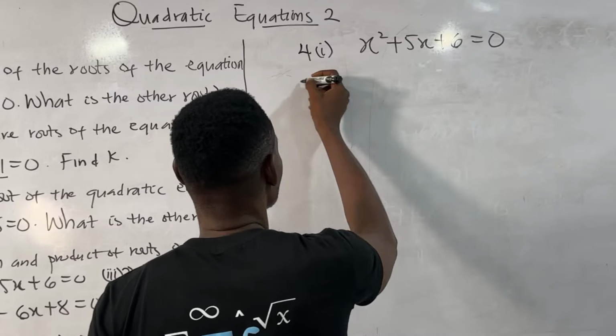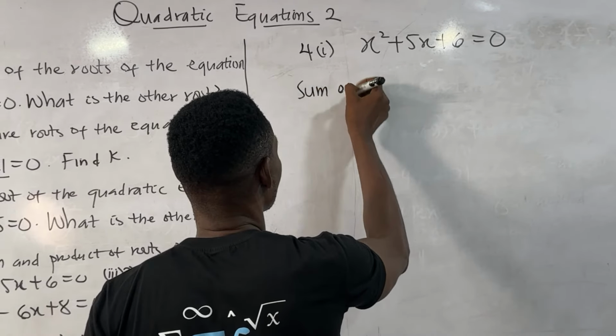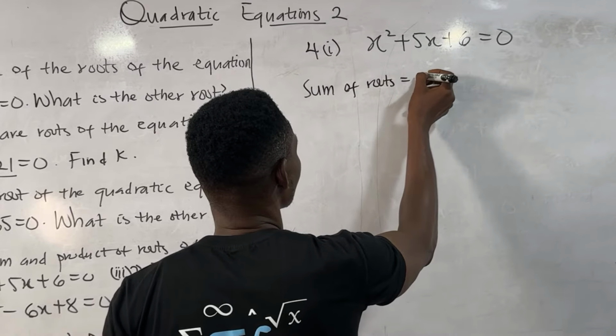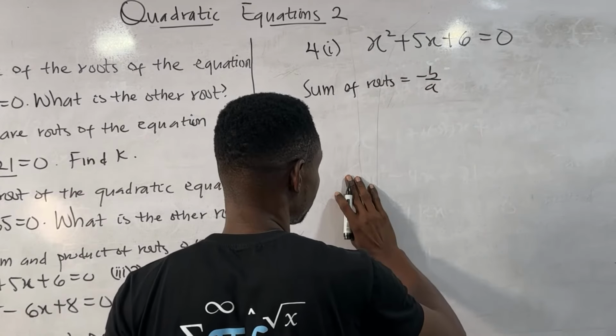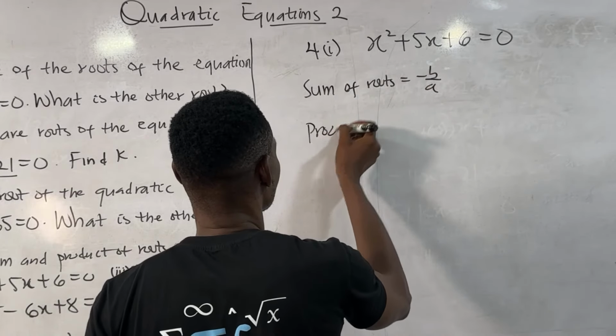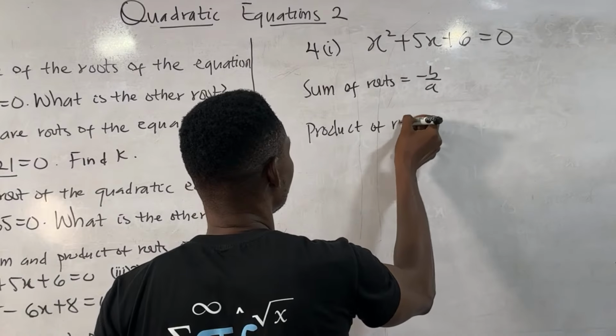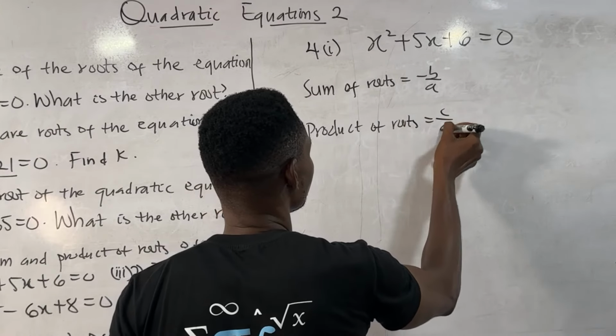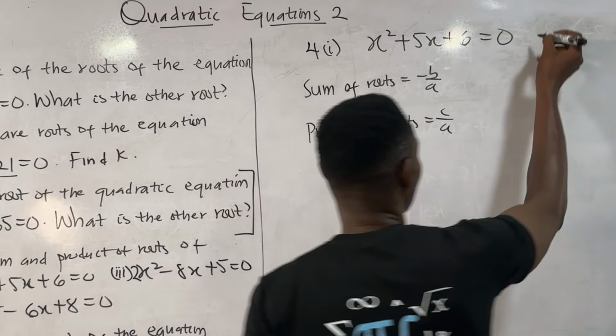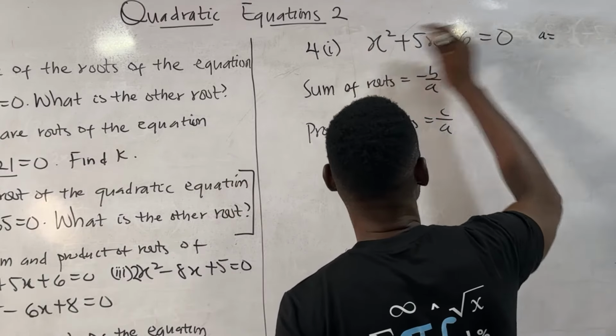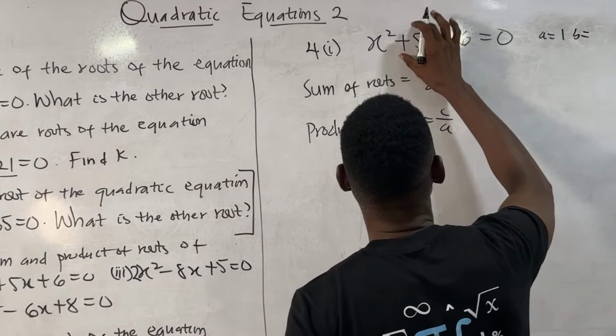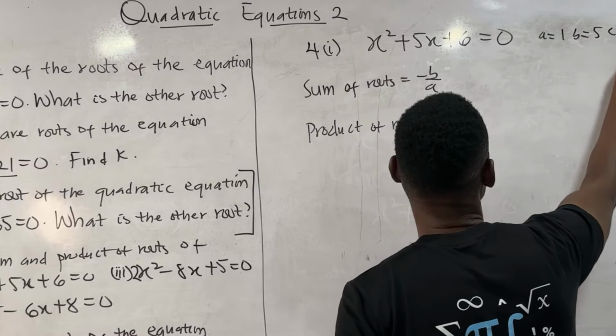So sum of roots equals minus b over a, while product of roots equals c over a. But first, what's our a in this case? A is 1, b is 5, and c is 6.